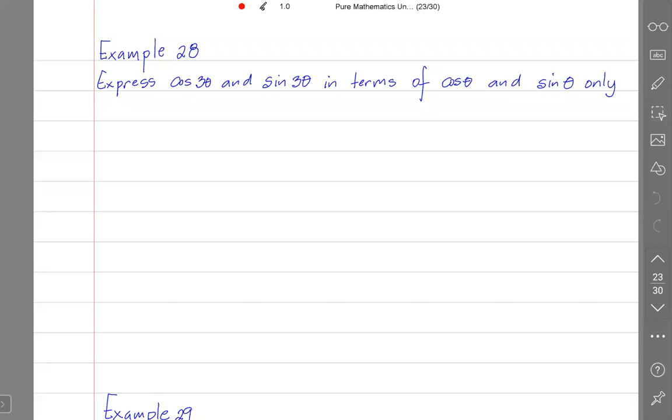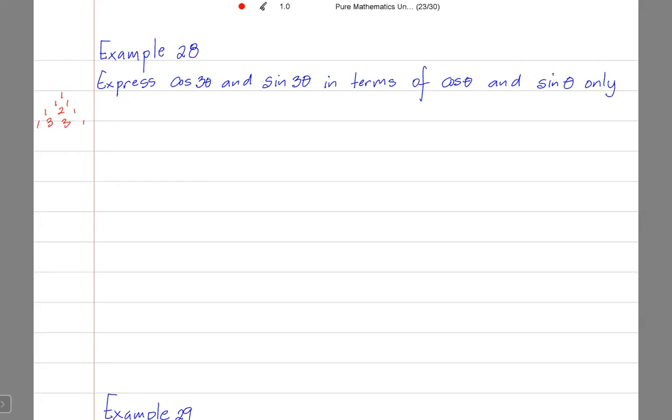All right, so this is example 28. It says express cos 3 theta and sine 3 theta in terms of cos theta and sine theta only. To do this, I'm going to use the Morse theorem. Now, if I use the Morse theorem, let me get something going with the Pascal triangle: 1, 1, 1, 2, 1, 1, 3, 3, 1.